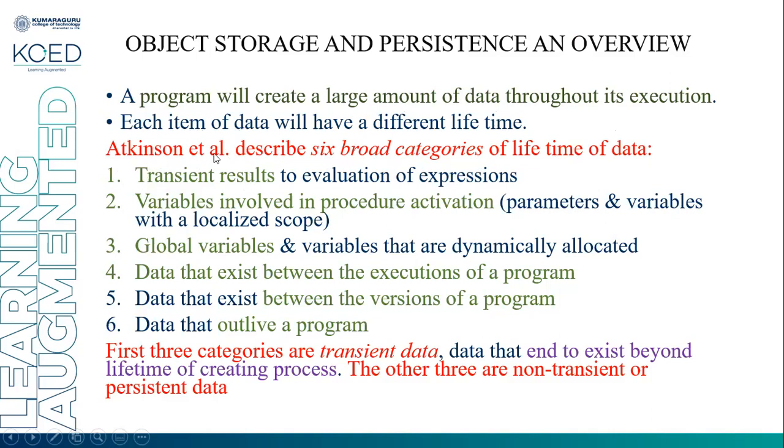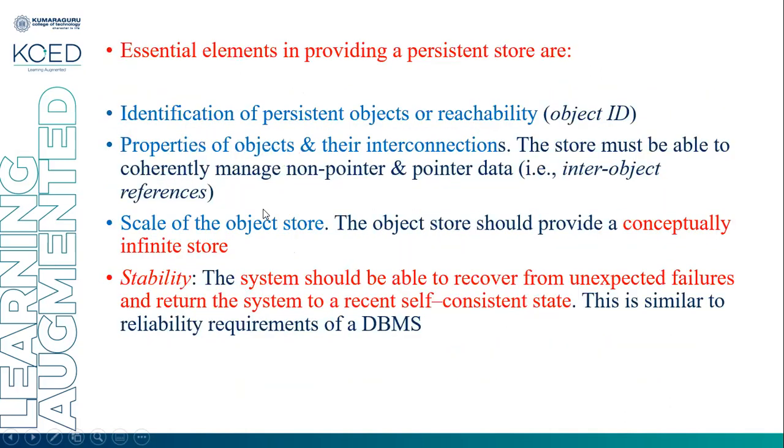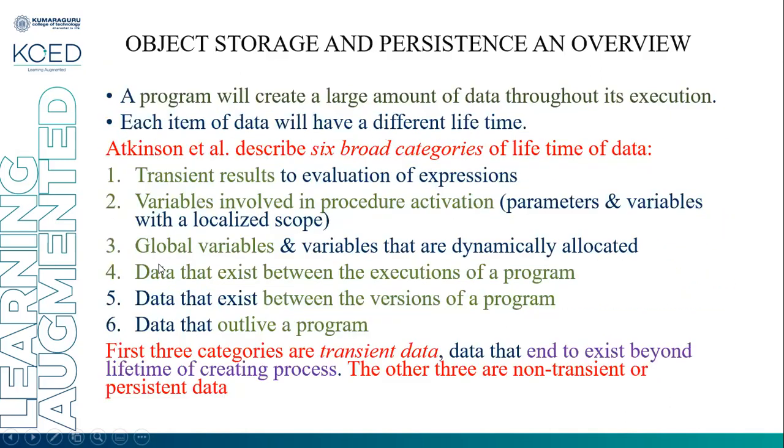The first one is transient results: intermediate results of the evaluation of an expression. Second, variables involved in procedure activation, like a parameter passed inside a function and a variable with local scope. Third, global variables and variables that are dynamically allocated.